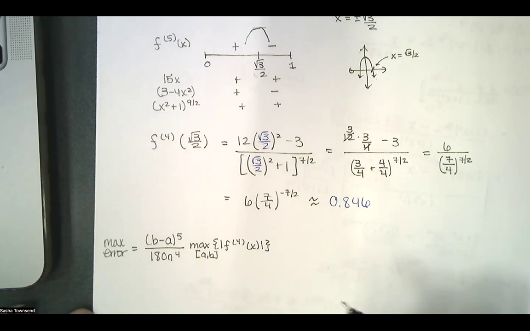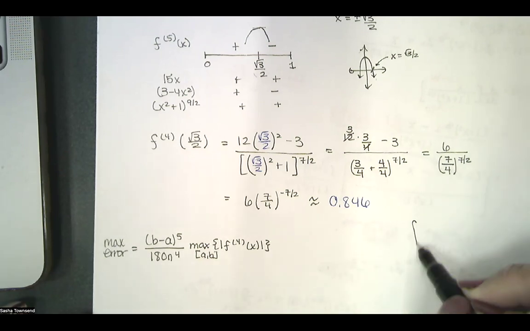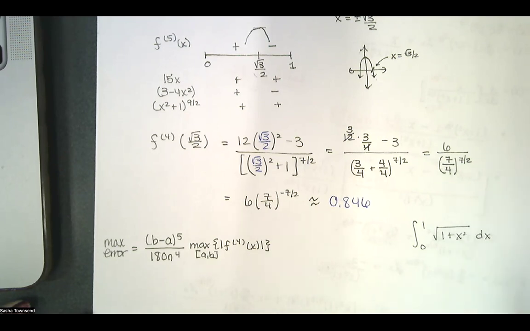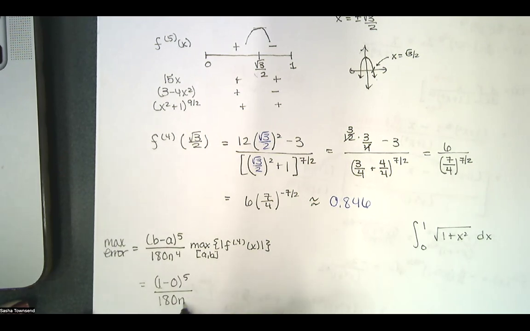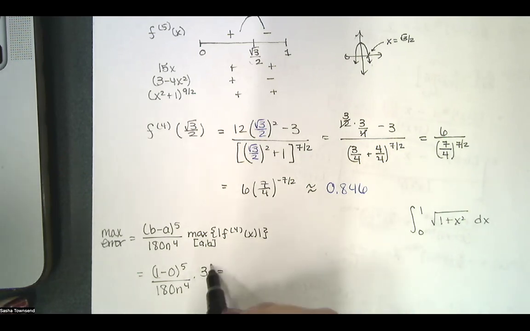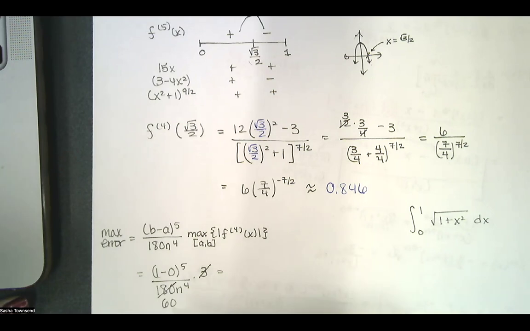Okay, so the interval of interest was the interval from 0 to 1, because this was our integral. So b is 1, a is 0, so we just have 1 minus 0 to the 5th divided by 180 times n to the 4th times the maximum value of the absolute value of the 4th derivative, which is 3. So 3 goes into 180 60 times, so we end up with 1 divided by 60 times n to the 4th.